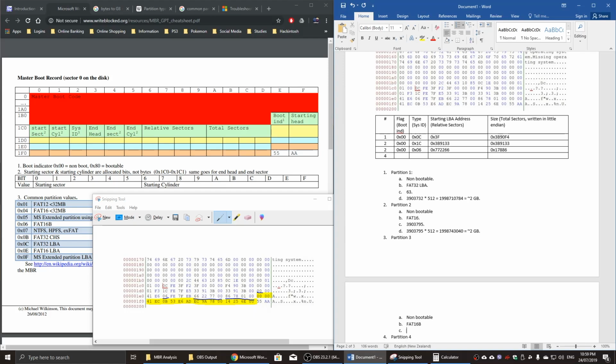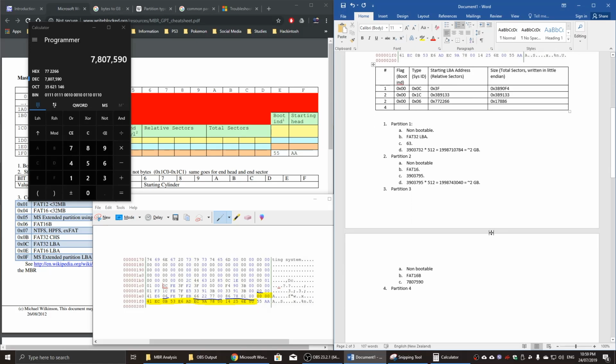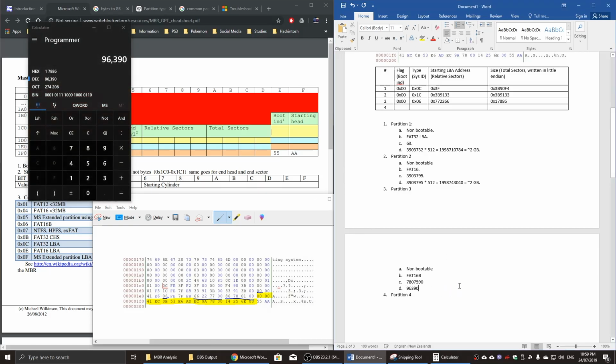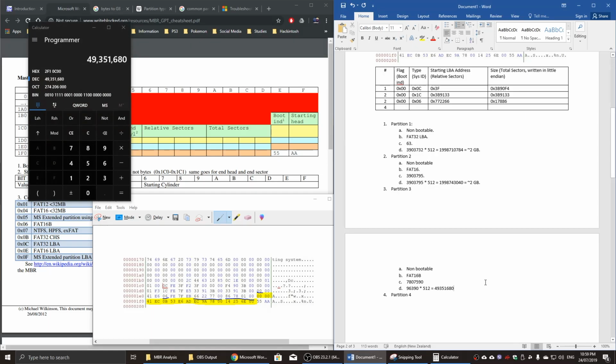Then the value of the starting size is 772266. That's the decimal figure of the relative sectors, which is the starting LBA address. And 178886 multiplied by 512 byte sectors, which equals that much.